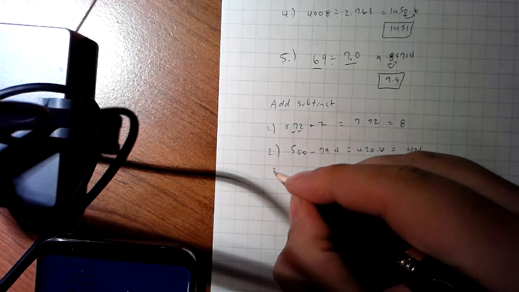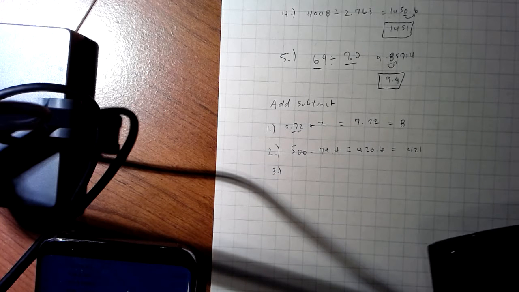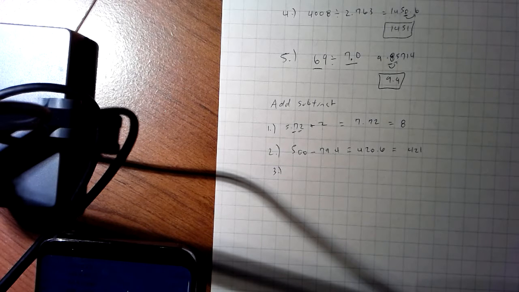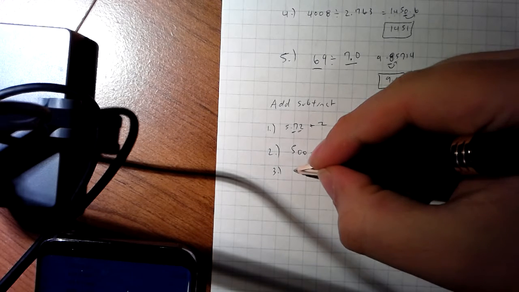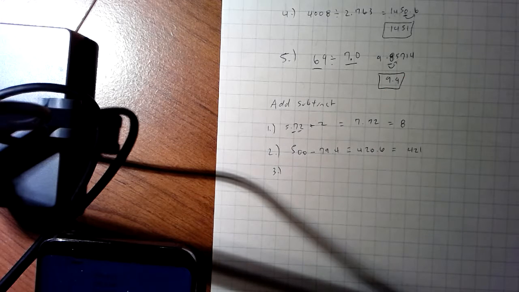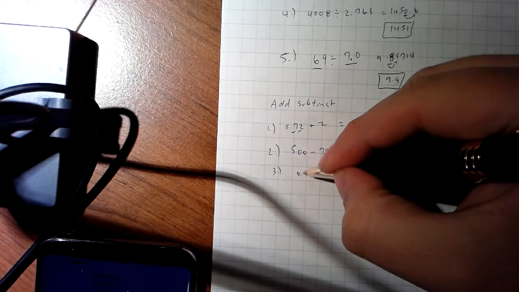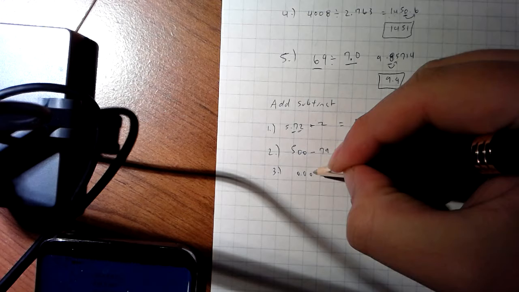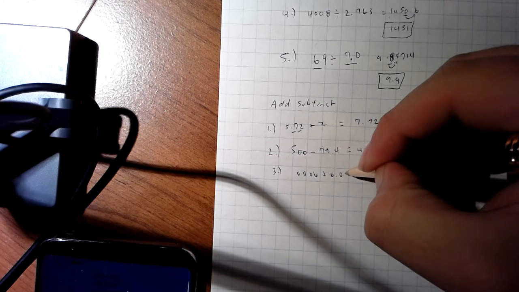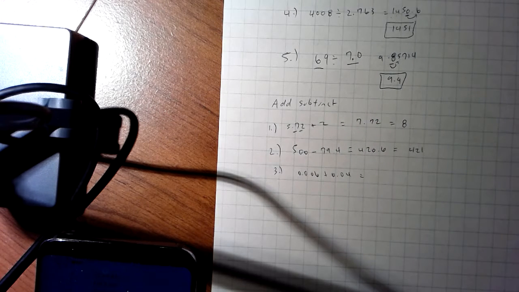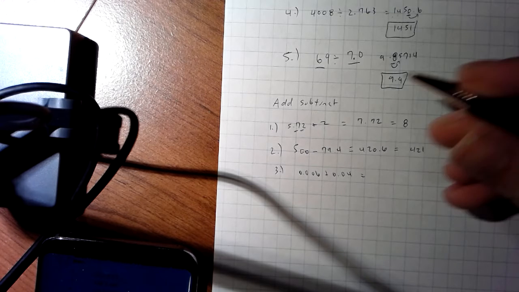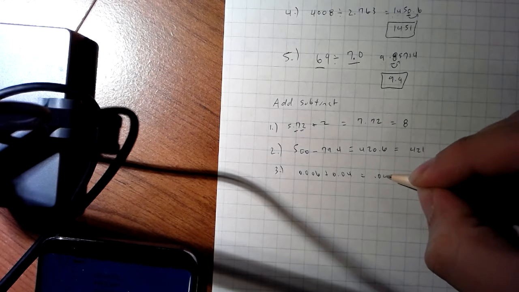So let's look at number 3. That one has 0.006 plus 0.04. That gives us 0.046. So let me go ahead and just copy that down real quick. 0.046.